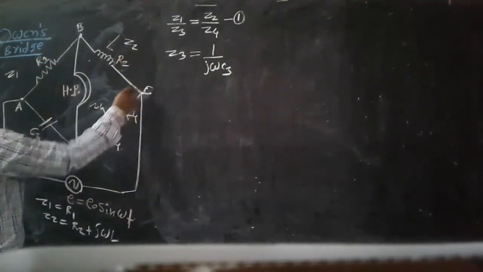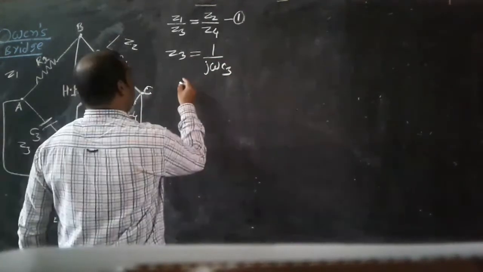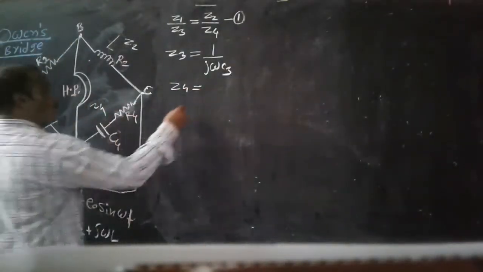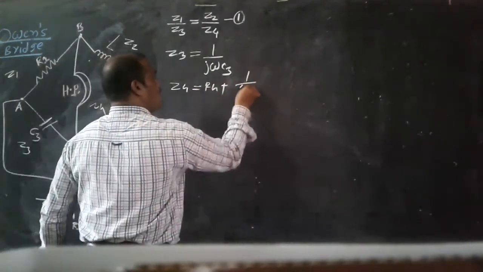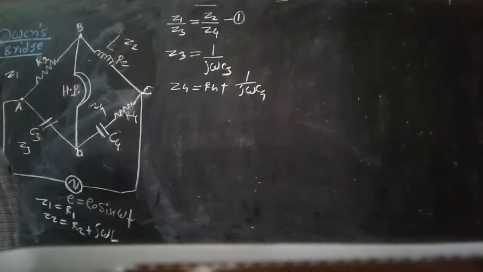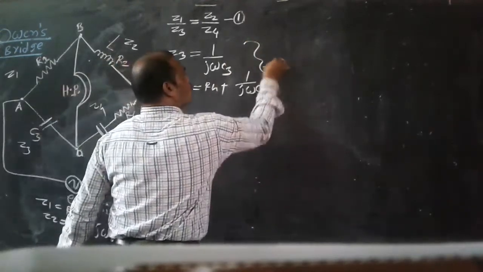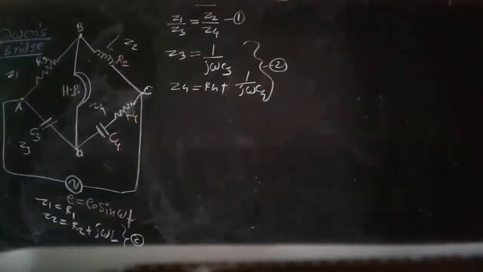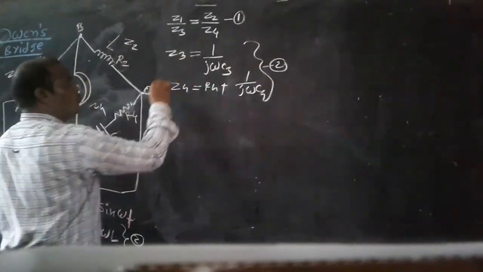And finally the impedance of the arm CD, that is Z4, is equal to R4 plus 1 upon j omega C4. Say this is common equation number 2. So equation 2 gives the values of impedances Z1, Z2, Z3, Z4.